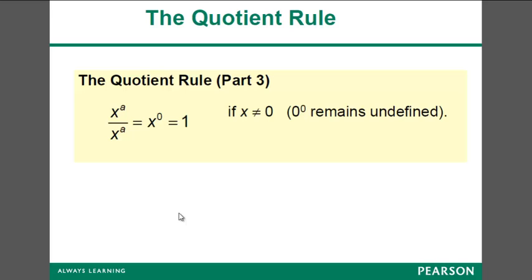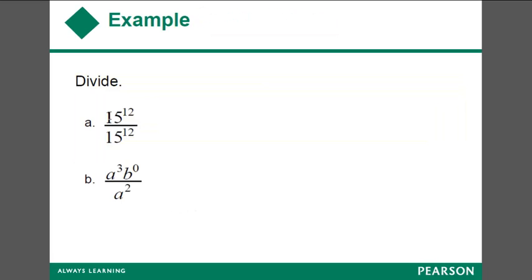Another part of the quotient rule is if the exponents are the same and they cancel out. Anything raised to the 0 power becomes 1, and so we have to look at that. If everything cancels out, our solution will be 1. Here I have 15 to the 12th divided by 15 to the 12th.